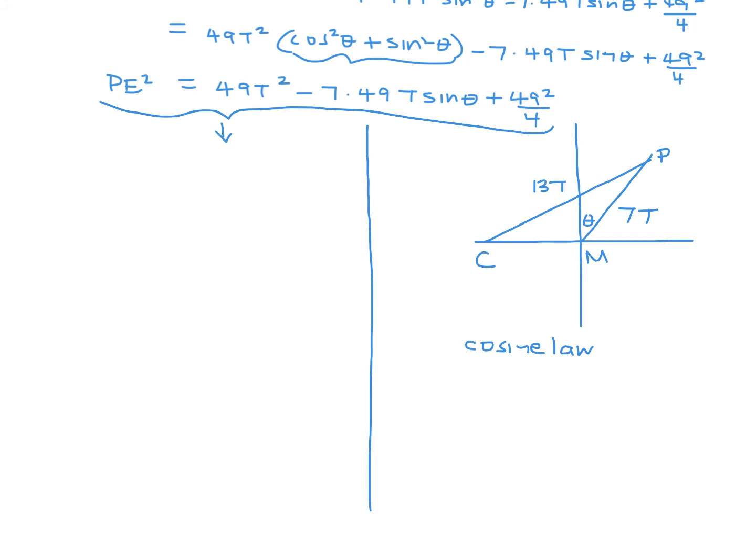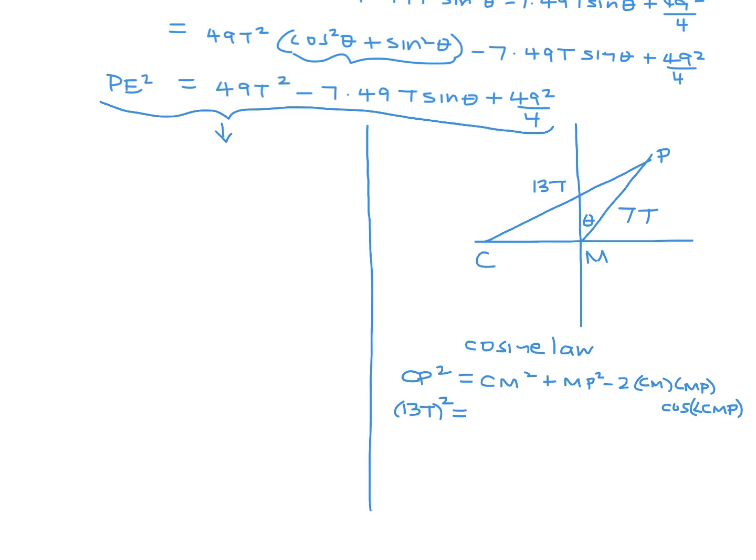So that means CP squared is equal to CM squared plus MP squared minus 2 CM times MP cos of angle CMP. Okay, so CP squared, that's 13t all squared, right?